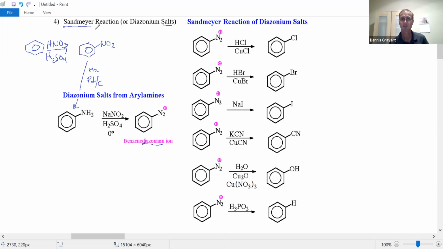If you have a ketone, an aryl ketone, or a triple bond, or a double bond somewhere else in the molecule, hydrogen and palladium will attack that too. So it would be safer to use the iron and acid in your first step, followed by base. That pretty much leaves everything alone except for nitro, changes it to the aniline.